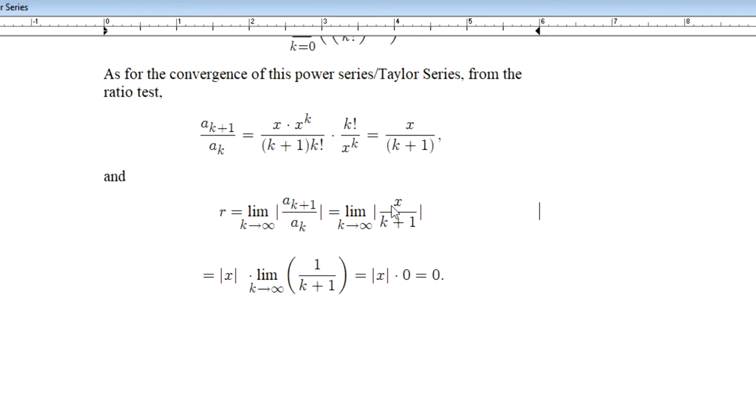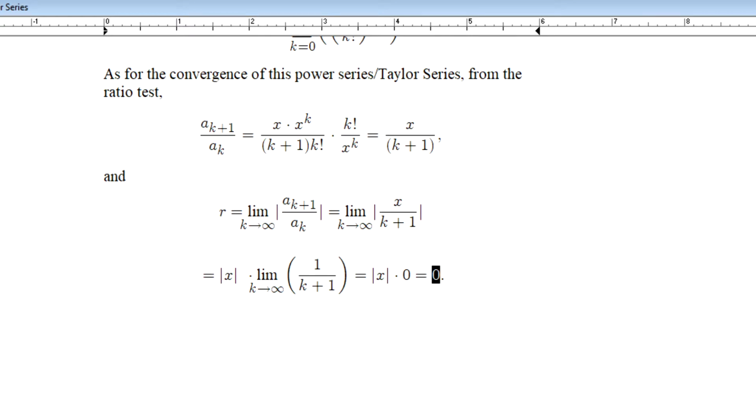That absolute value of x will factor out, and the absolute value applied to what remains won't be necessary, so we'll just be left with what remains, 1 over k plus 1, where we now evaluate the limit of that as k heads to infinity. The fundamental rules of limits say, as k heads to infinity for this ratio, that heads to 0. So what we have is the absolute value of x times 0, which is just 0 in value.